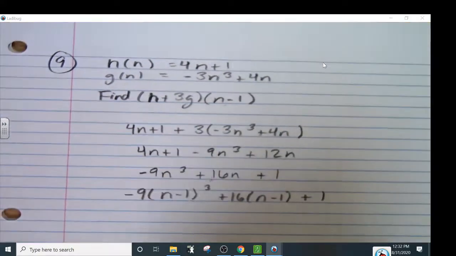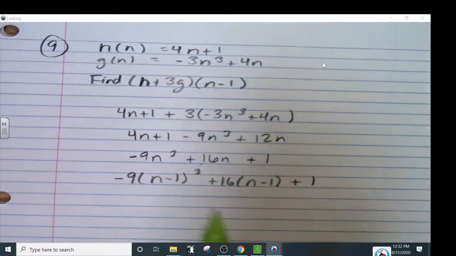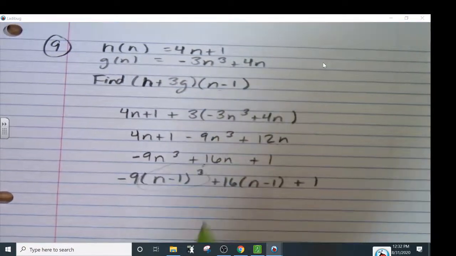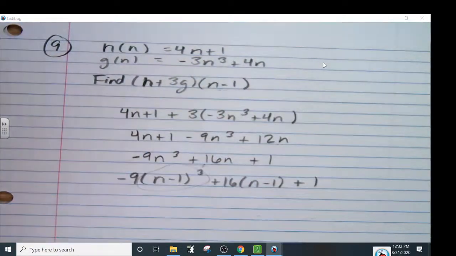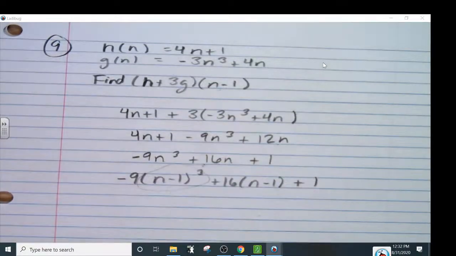So I plug my input value, and everywhere I saw a variable, I plug that input value. Now, everything is pretty easy except this part right here. This is the part that makes it difficult. Now, you can't just say, oh, that's n cubed minus 1. You can't do that.